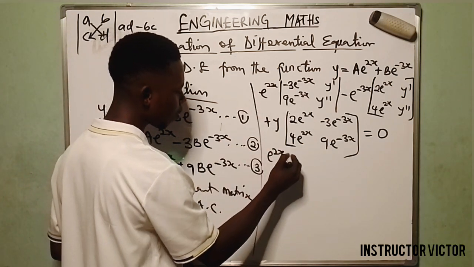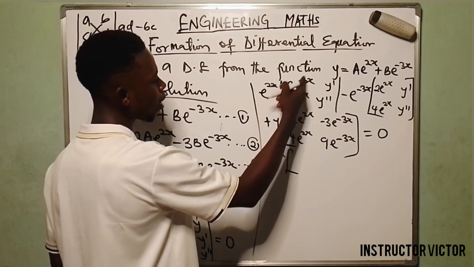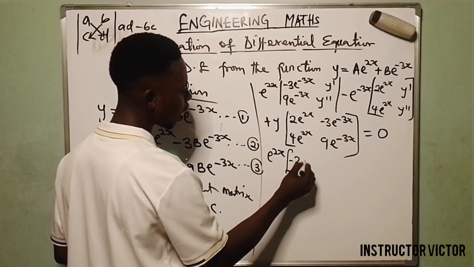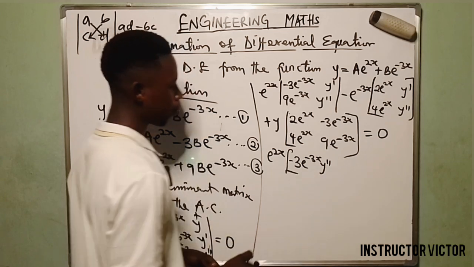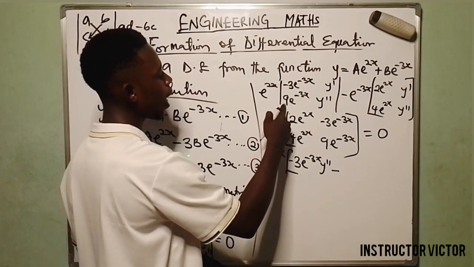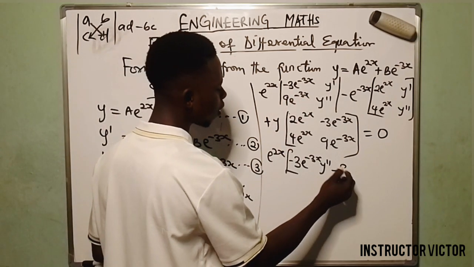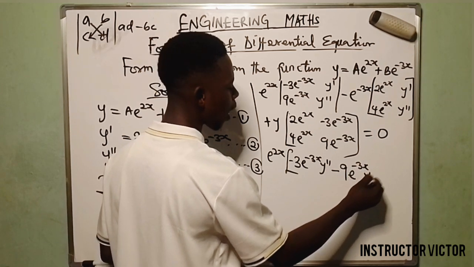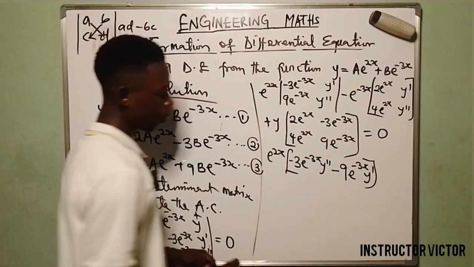So we now have exponential 2x, you open a bracket, minus 3 exponential minus 3x multiplied by this, you have minus 3 exponential minus 3x y prime prime, minus 9 exponential minus 3x multiplied by y prime, you have 9 exponential minus 3x y prime. Now you are done with that part.